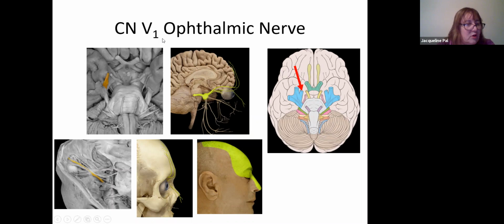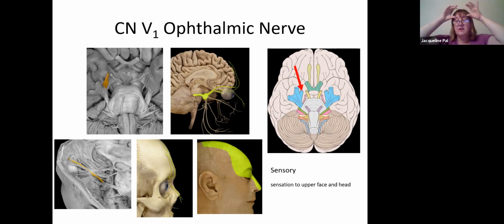And the ophthalmic nerve goes through the superior orbital fissure, and then when it leaves the eye socket, it goes through the supraorbital notch or the supraorbital foramen, bringing it out right about here, which explains why its function is sensation up here in the upper part of the face and the head. And that's all there is for the ophthalmic nerve.